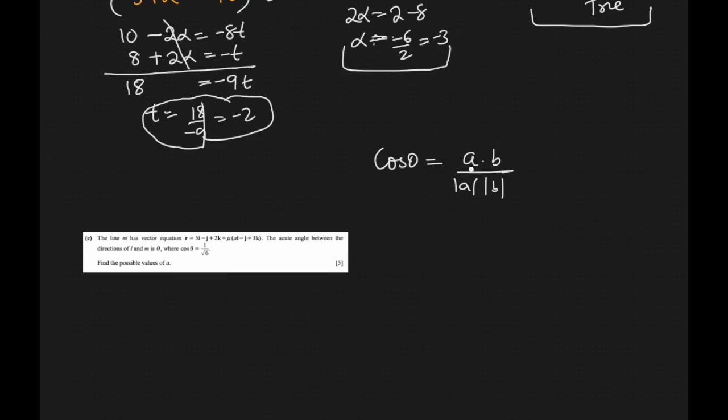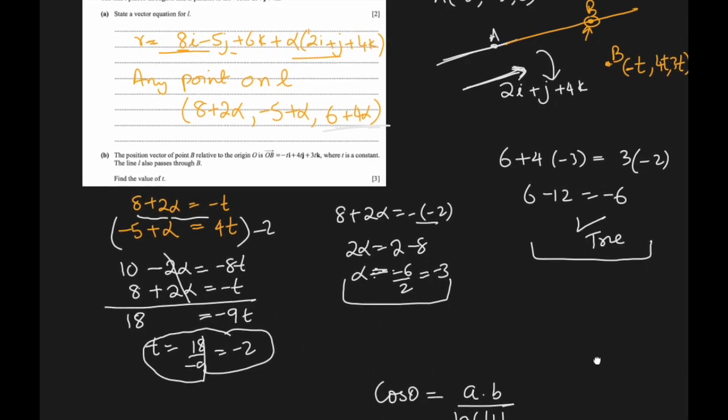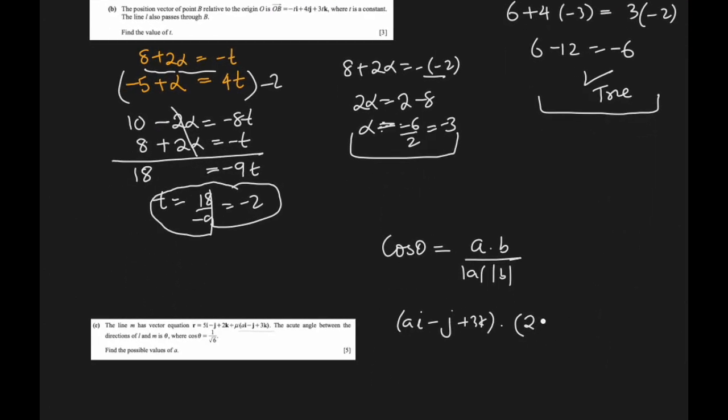The dot product is always between vectors, not points. So this is the direction vector of M, ai minus j plus 3k, dot the direction vector of L, which is 2i plus j plus 4k.